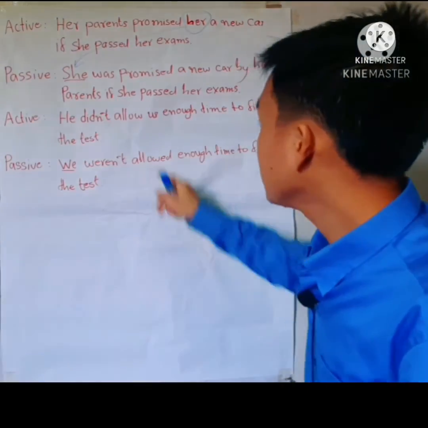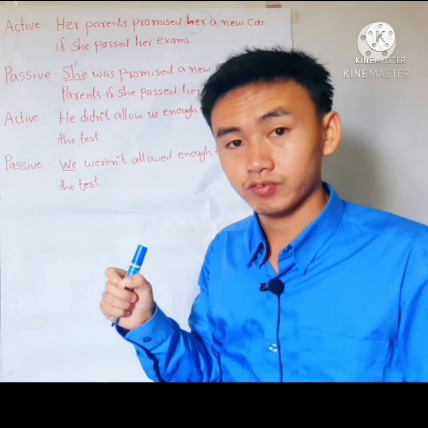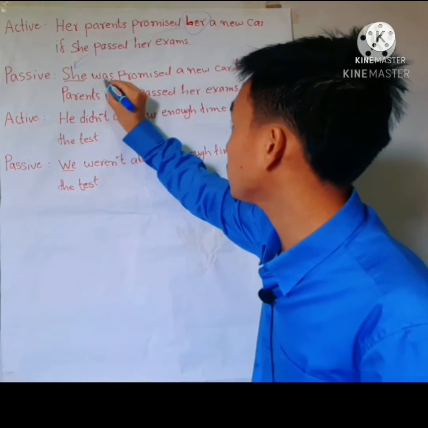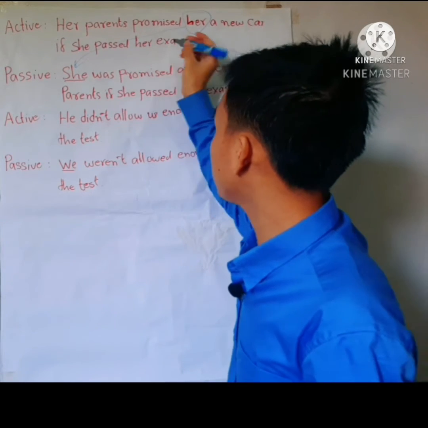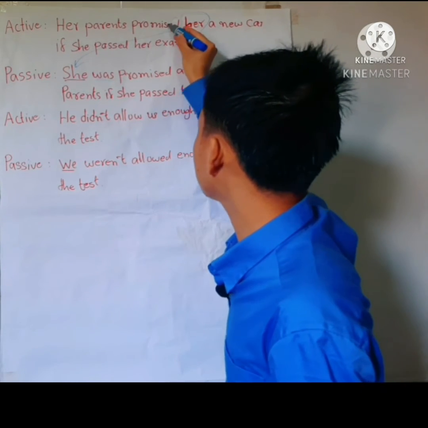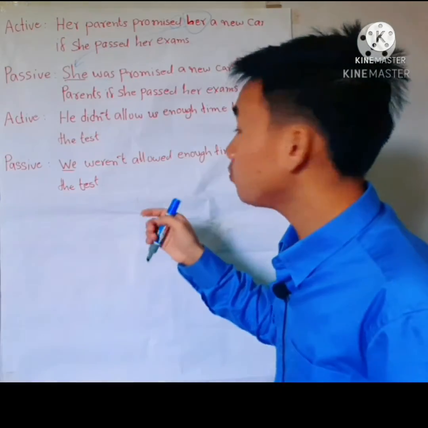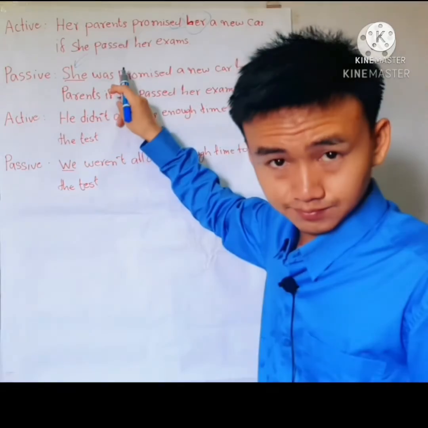Alright. And in this one, she is a singular pronoun, right? So we use was when we change to the passive. Because in this one, as you can see, promised, with -ed, means the past tense. So we need the verb to be in the past tense, that's right.